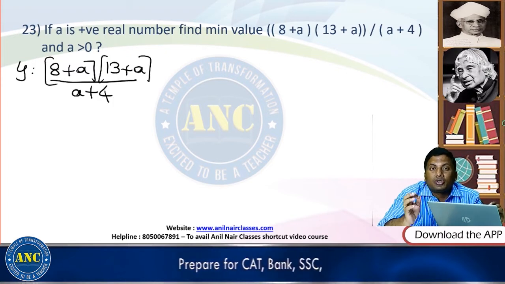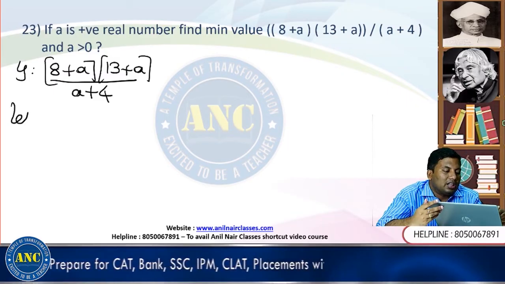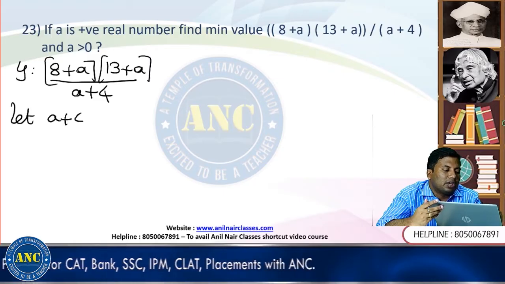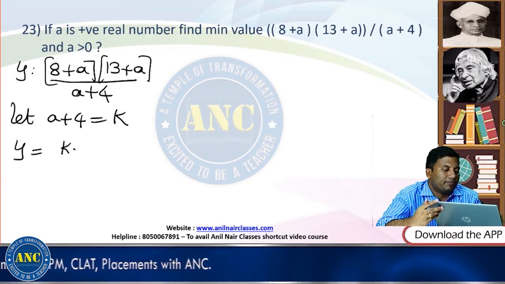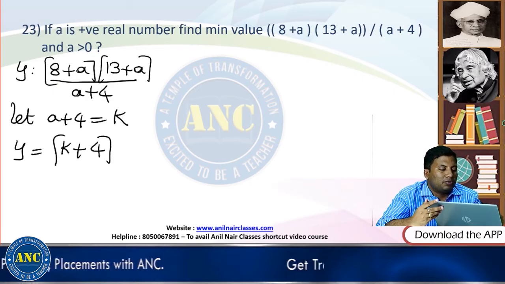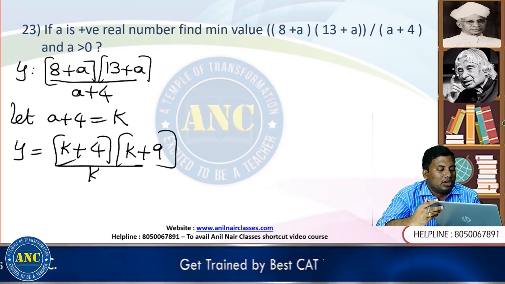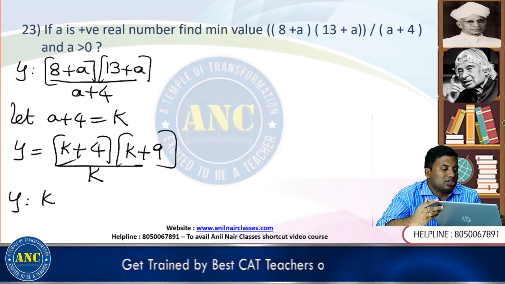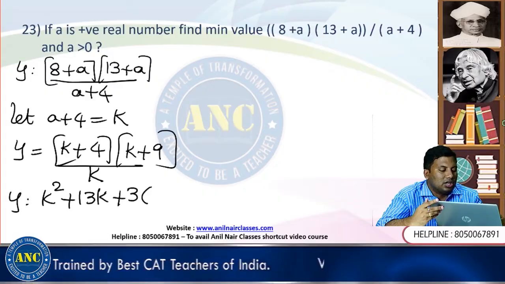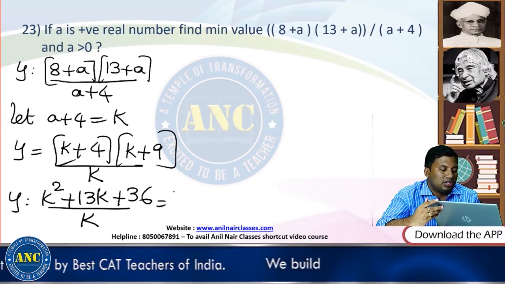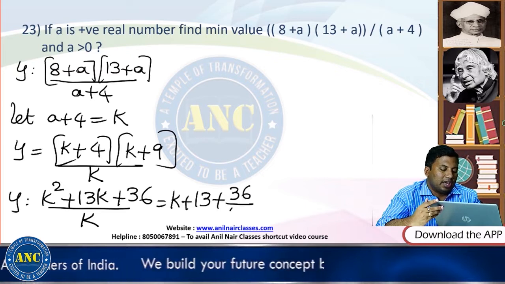The best way to solve the minimum value of a rational function is to let the denominator be equivalent to K. A plus 4 is K. So this becomes K plus 4 into K plus 9 divided by K, which is K square plus 13K plus 36 divided by K, so K plus 13 plus 36 by K.